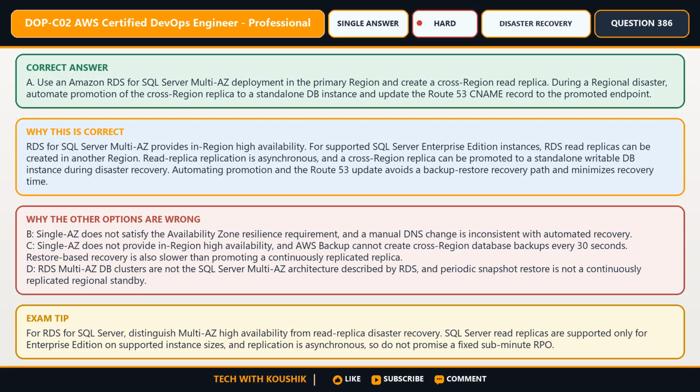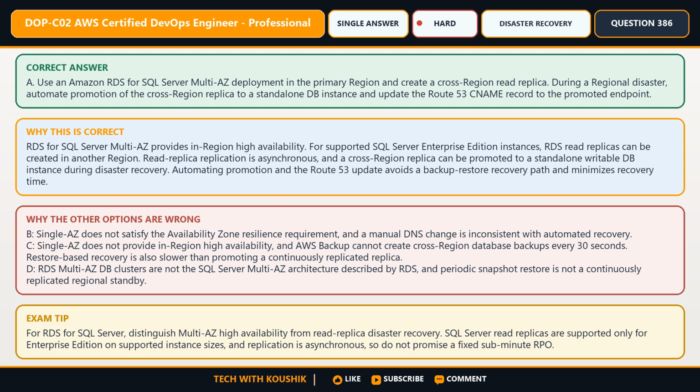Go with Option A. Use an Amazon RDS for SQL Server multi-availability zone deployment in the primary region and create a cross-region read replica. During a regional disaster, automate promotion of the cross-region replica to a standalone DB instance and update the Route 53 name record to the promoted endpoint. The main reason is RDS for SQL Server multi-availability zone provides in-region high availability.